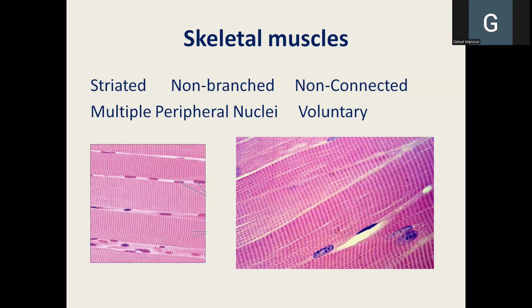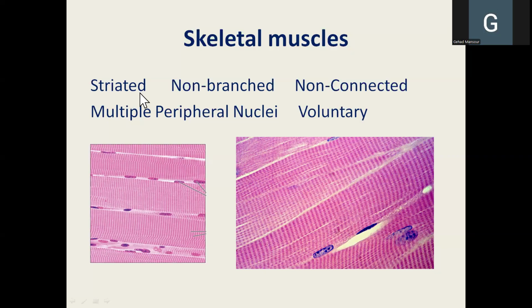The skeletal muscles, functionally, are voluntary, meaning that we can give them orders to contract on purpose. They are structurally similar to the cardiac muscles in just one aspect, actually: they are striated, but there is another aspect which is being cylindrical and elongated.